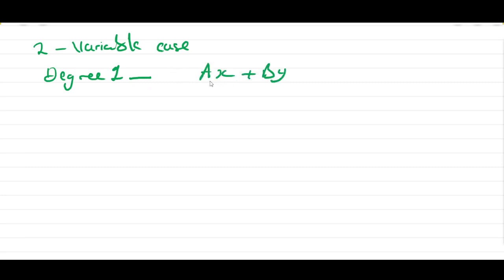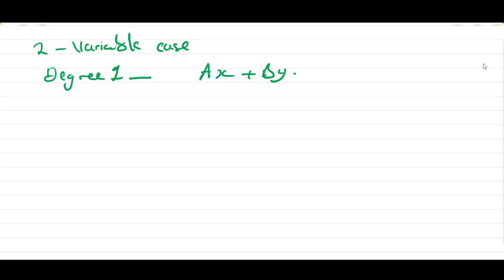This is the two variable case, something like 3x plus 5y, where a plays the role of 3, because the highest power of x here is 1, and the highest power of y here is 1. Since we specify degree 1, we cannot have something like 3y squared also. So things like b plus cx squared cannot be here, because we only want the case of degree 1.